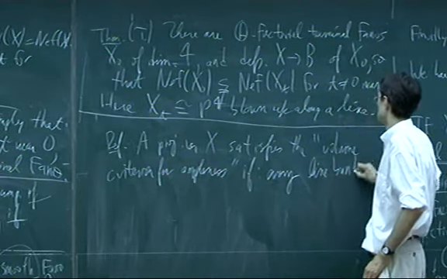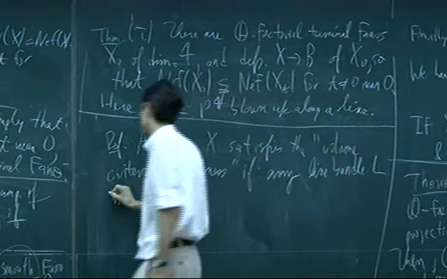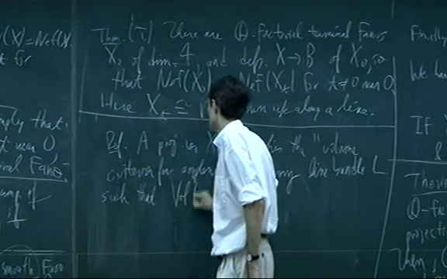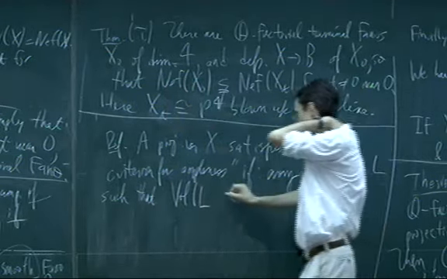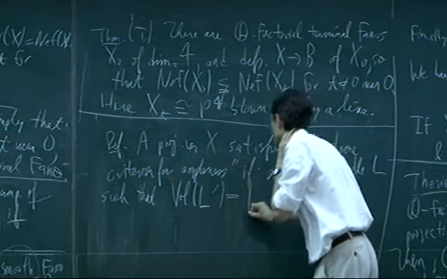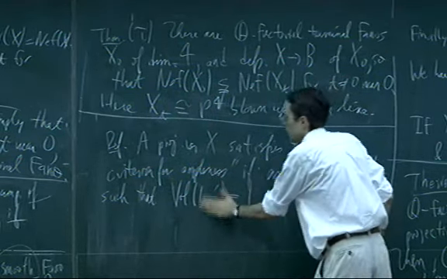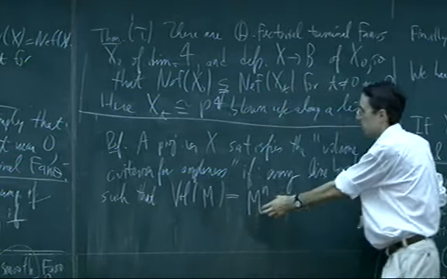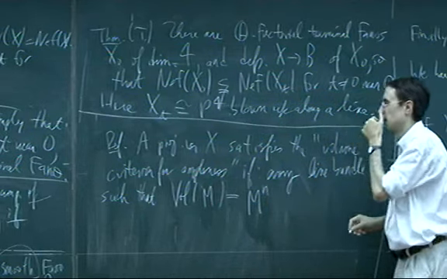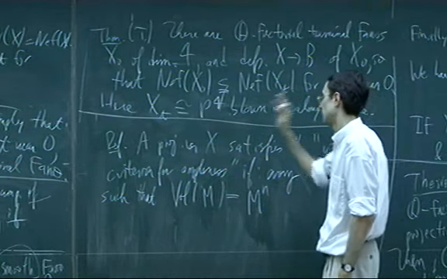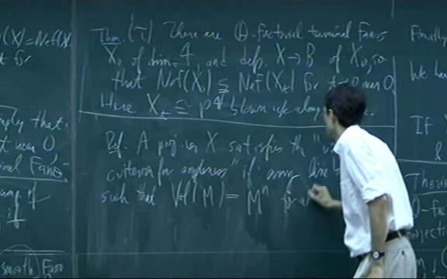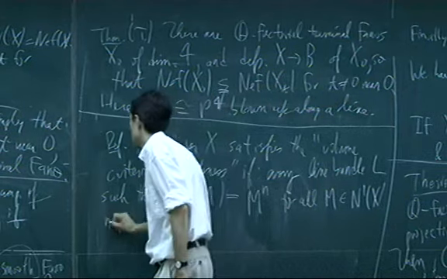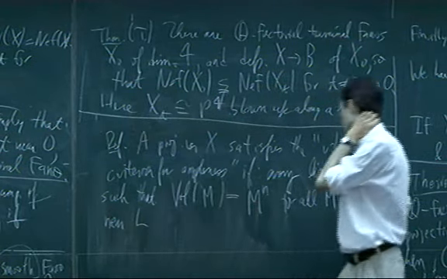So if every line bundle L such that the volume of M is equal to M to the n, the intersection number of M with itself n times, where n is the dimension, holds for all M in this vector space of divisors near L, then L is ample.